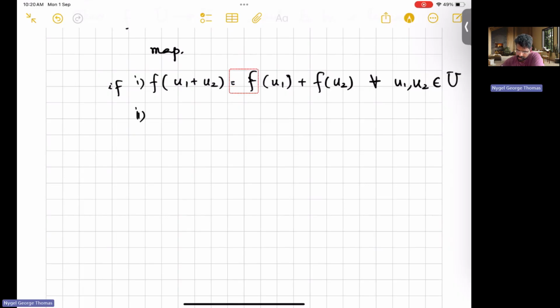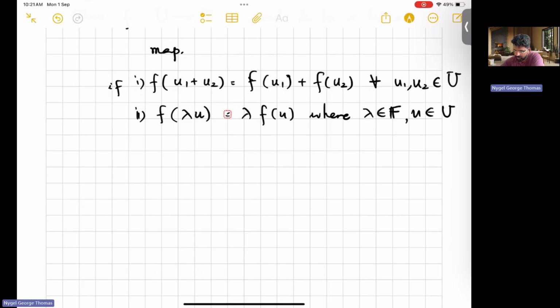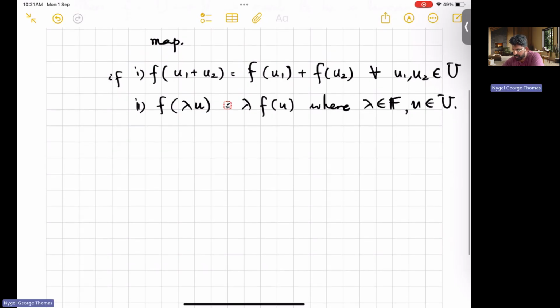The second condition is f of lambda U is equal to lambda times f of U, where lambda belongs to the field and U belongs to the vector space.